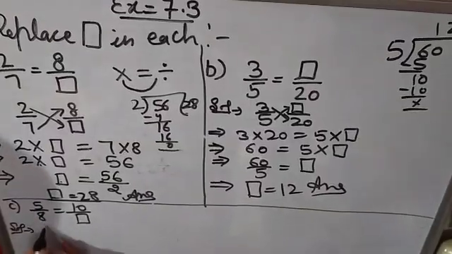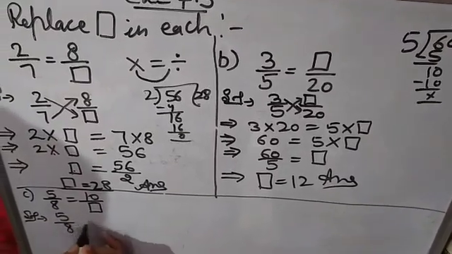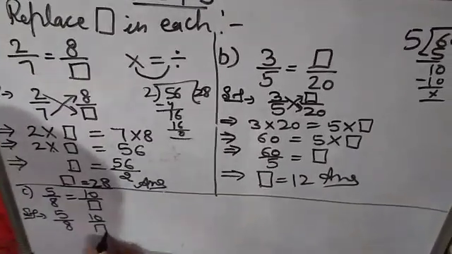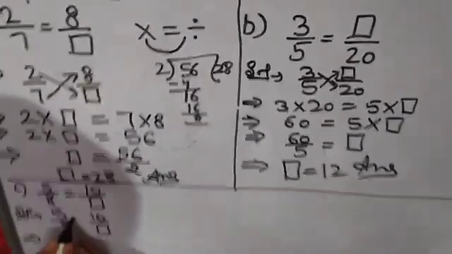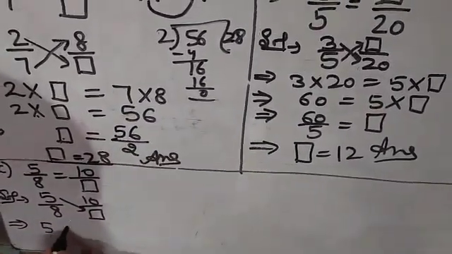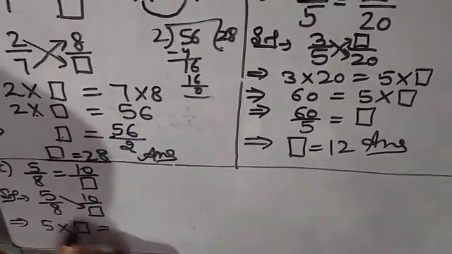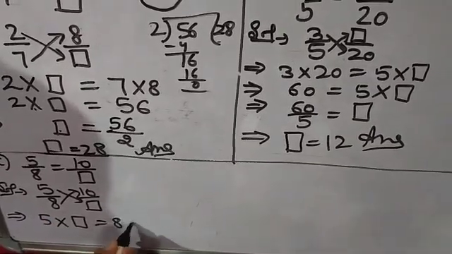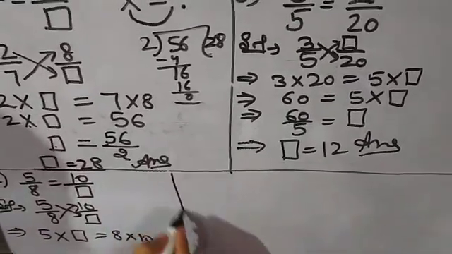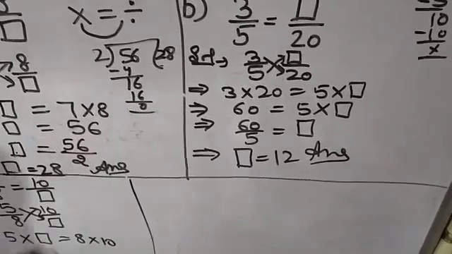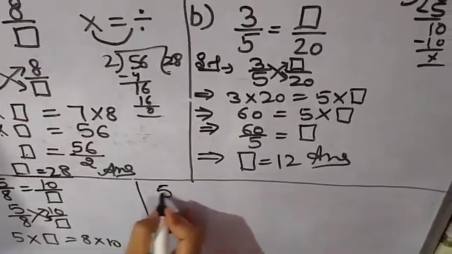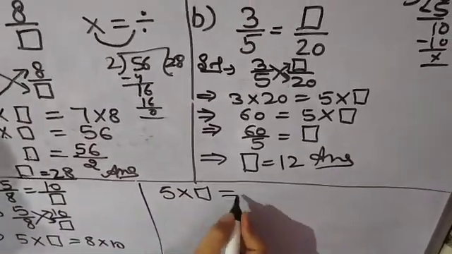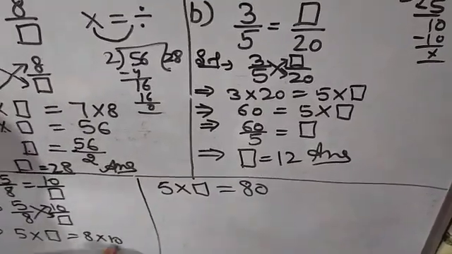C part, write the numbers again. 5 multiply box equal 8 multiply 10. We cannot multiply this, so it will come the same. 10 8s are 80.